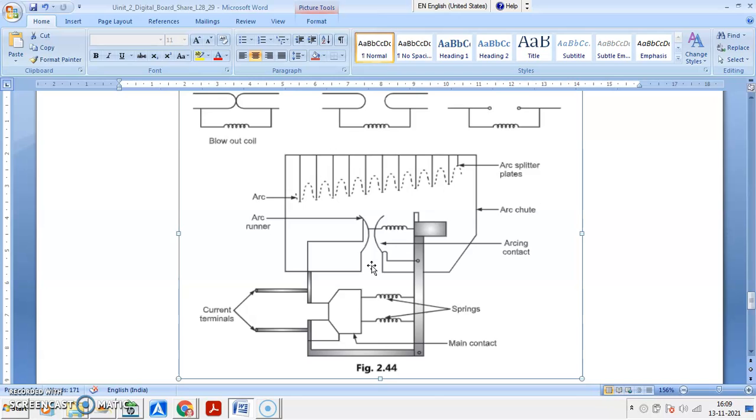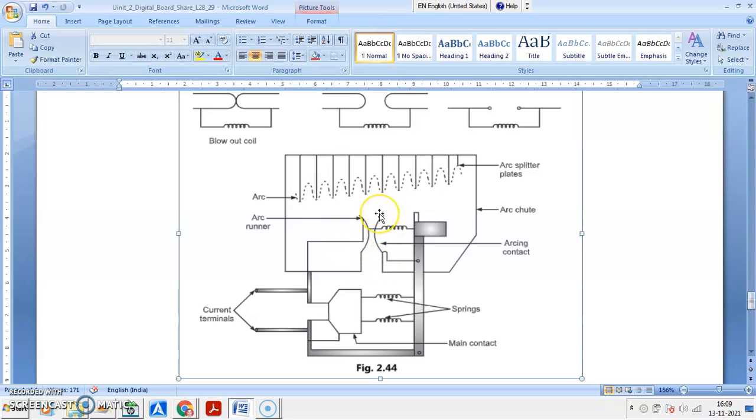But when there is a fault, this arcing contact gets closed first. The main contact opens. The arc will get stuck in between the main contact, then it gets forwarded to the arcing contact.